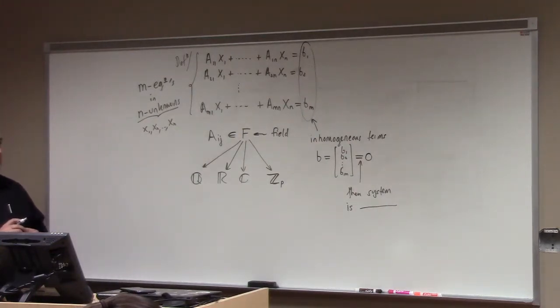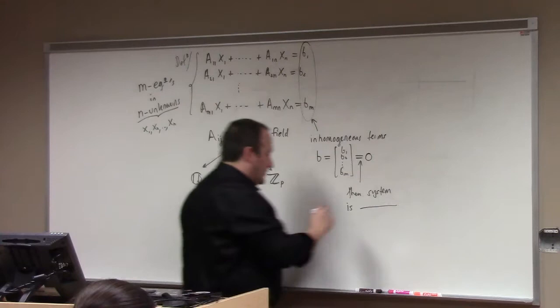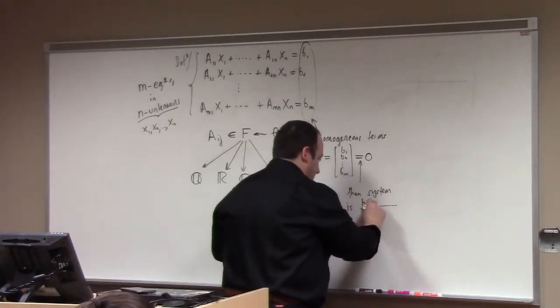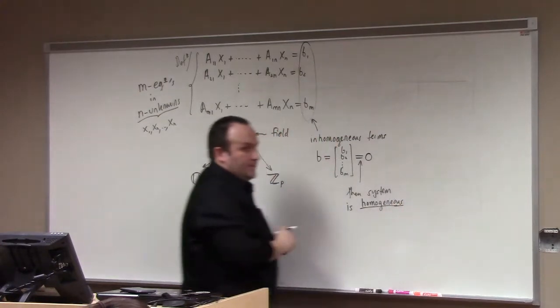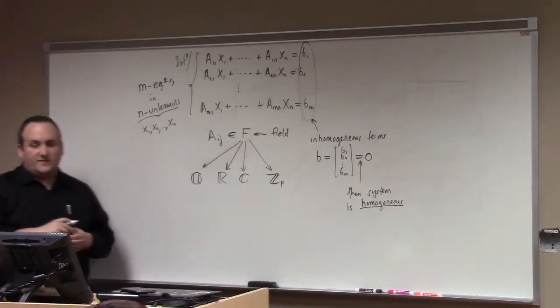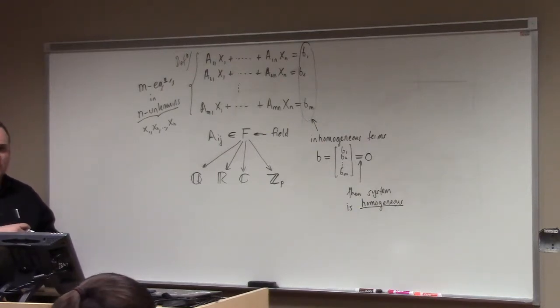If the inhomogeneous terms are all 0, the system is a what? Singular? No. Actually, a homogeneous system. If there's even one equation where b sub i is not 0, then the system as a whole is inhomogeneous.